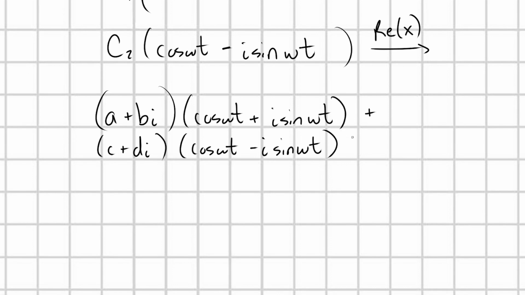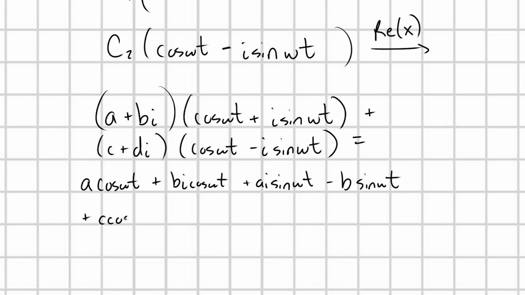And we go through and we multiply this out. And what are we going to get? A cos ωt plus Bi cos ωt plus Ai sin ωt minus B sin ωt, plus C cos ωt plus Di cos ωt minus Ci sin ωt, plus, careful here, plus times minus is minus, but then i times i is also minus 1, so we get plus D sin ωt.